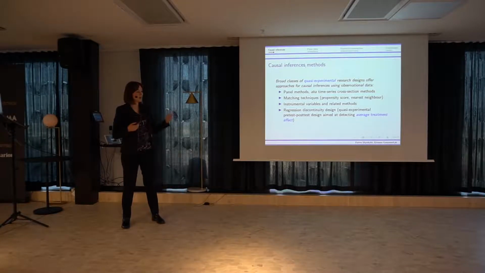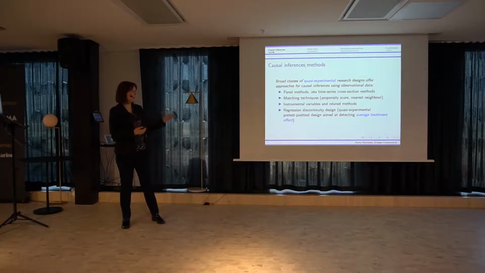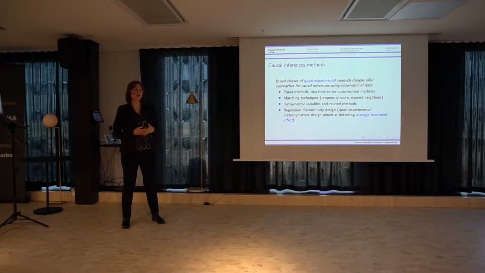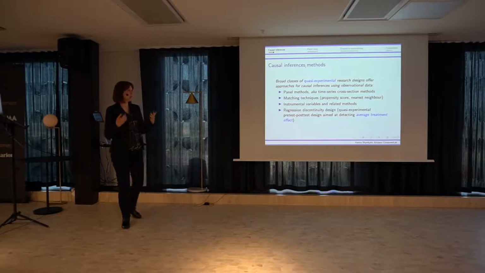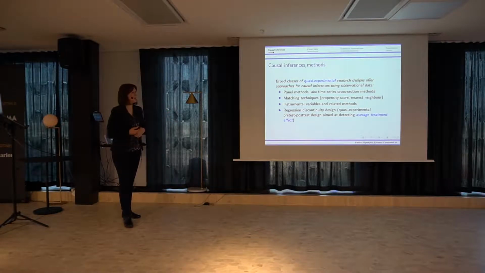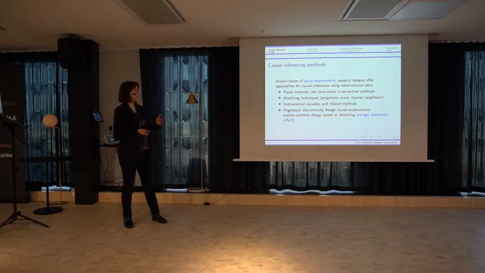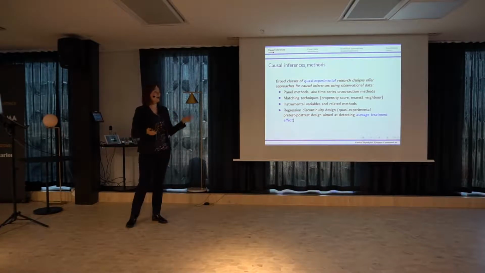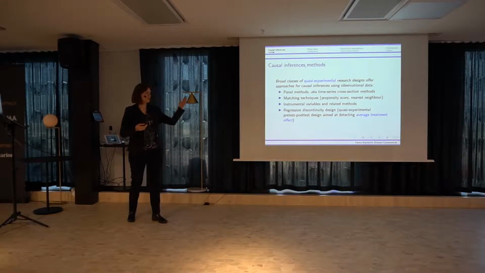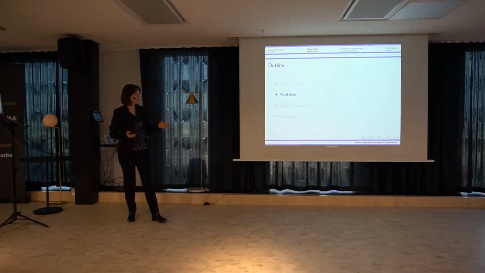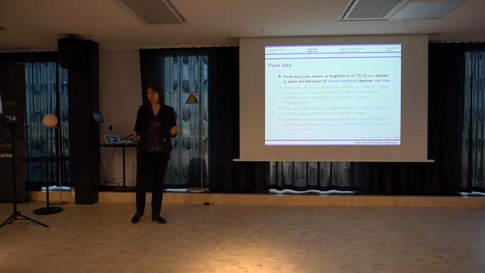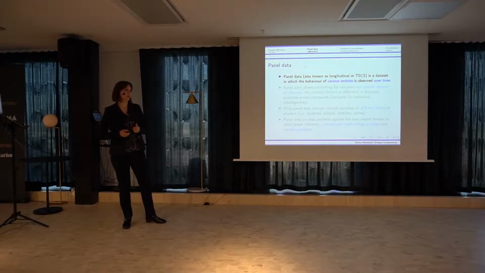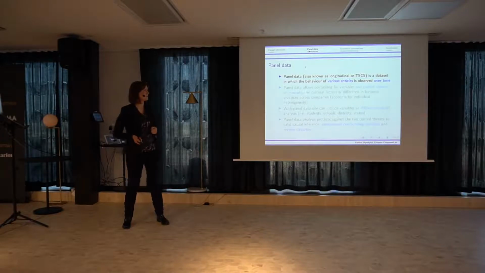For instance, there are the panel methods, the ones that I'll be talking about today, a term I'll be using interchangeably with time series cross-section. There are also matching techniques, instrumental variable techniques, of which we have heard a little bit today, and regression discontinuity, just to mention a few techniques or models that you could use in order to draw some causal inferences.